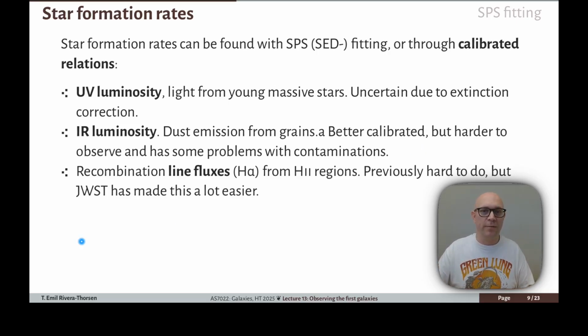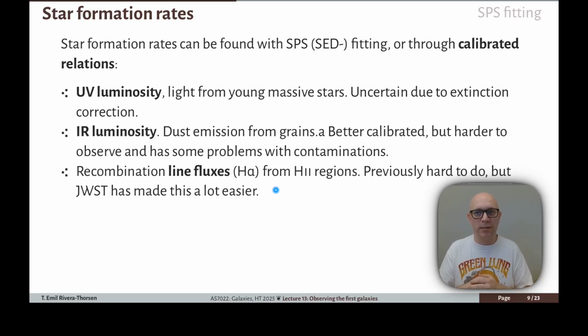And then finally, we have a calibrated relation with recombination line fluxes, particularly H-alpha from H II regions surrounding a galaxy. Basically, the H-alpha line emission intensity is a function of a stellar population's age, and we can that way track that back to the star formation rate of the galaxy at the same time.